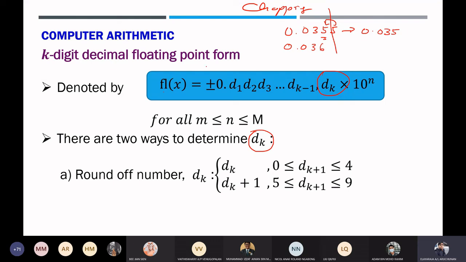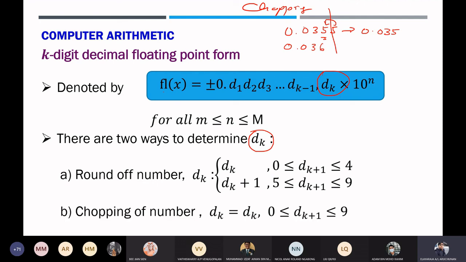But in humans we usually just round up, so you must see the differences between these two things. The round off number, we need to declare in this form: d_k between 0 to 4 and d_{k+1} has to be declared between 5 to 9, so that the computer is able to read the round off numbers.